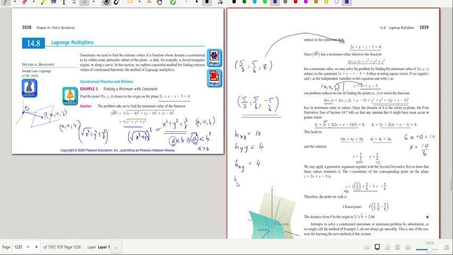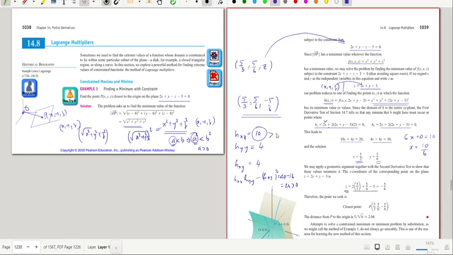Now you evaluate hxx times hyy minus hxy whole square. That is 40 minus 16, that is 24, which is always greater than 0. Therefore, by looking at the sign of hxx, you can say whether this is a point of maximum or minimum.